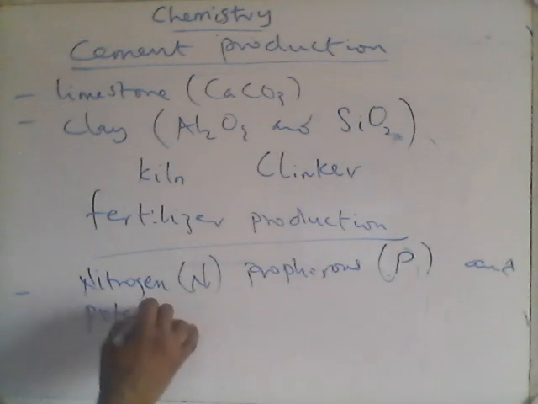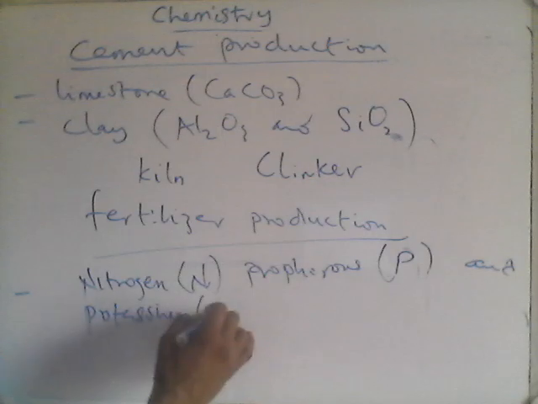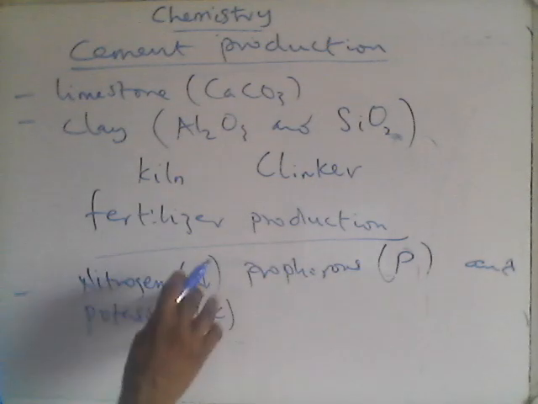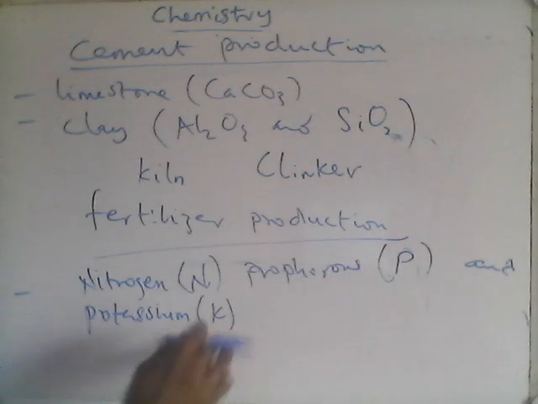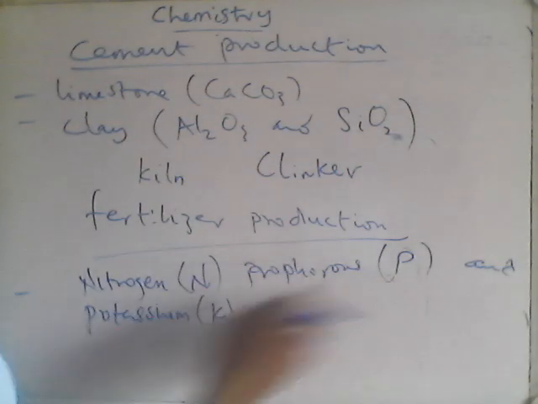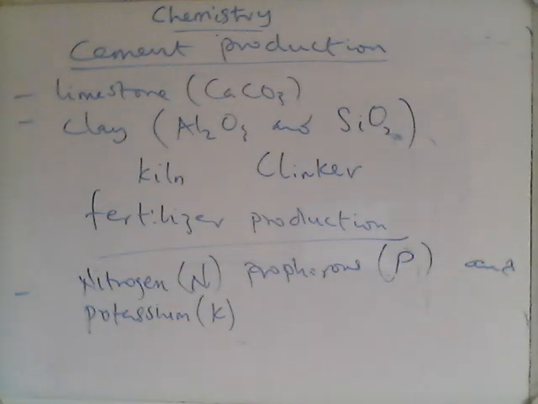In your agricultural studies, you will hear of things like NPK: nitrogen, phosphorus, and potassium. So these are the elements. Common types are ammonium nitrate, urea, superphosphate of lime, and NPK blends. These are common fertilizers.